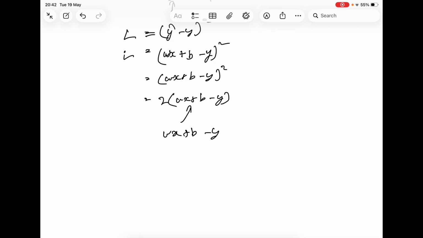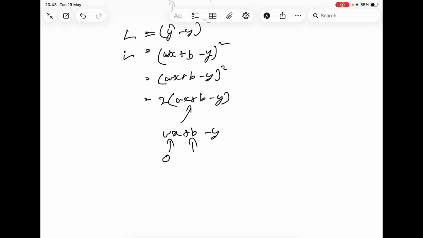So in here, wx has no meaning for this one, because it is a constant, right? Because we are not finding the derivative with respect to w, we are finding the derivative with respect to b, so there's no value for wx.